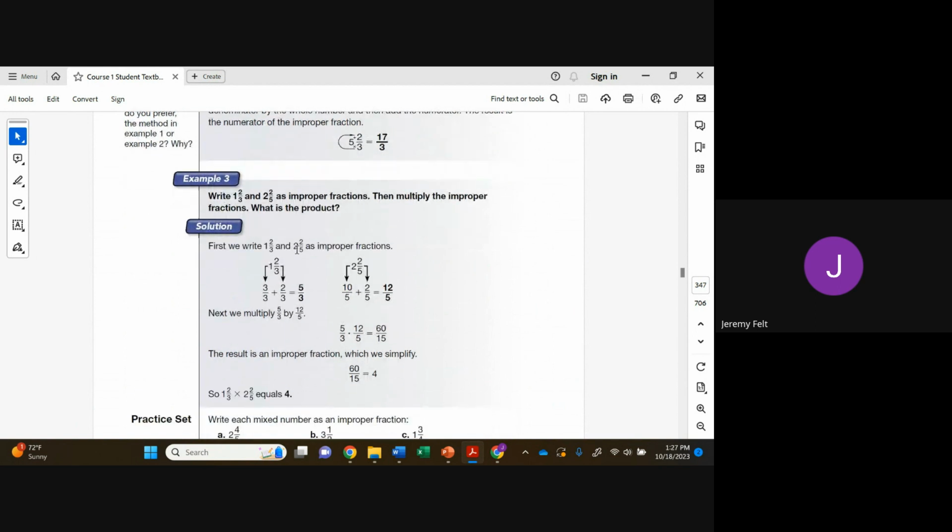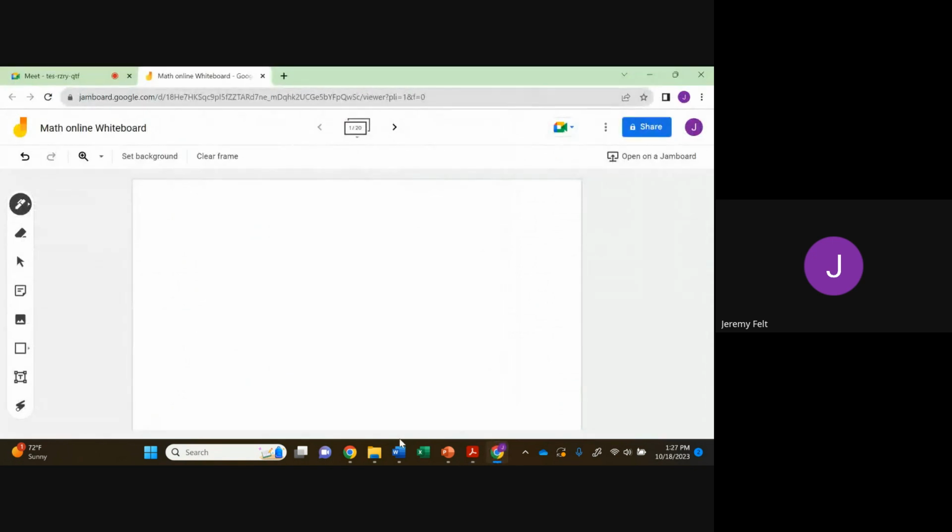Because when we're multiplying, like 1 2/3 times 2 2/5, we have to convert it. We have to convert them to improper fractions because we can't multiply 1/3 and 2/5 and 1 and 2 and call it done.